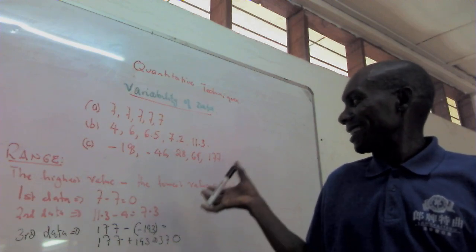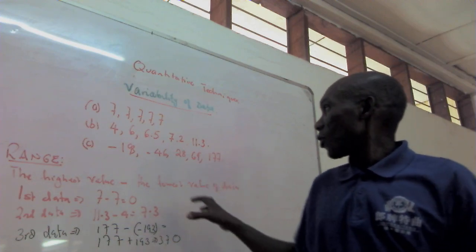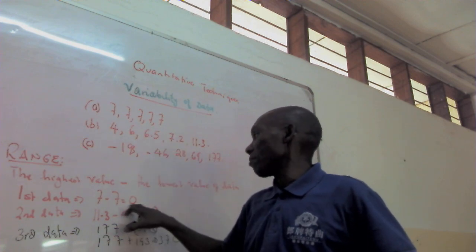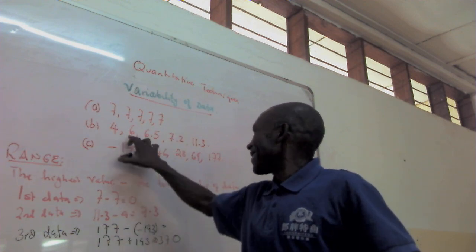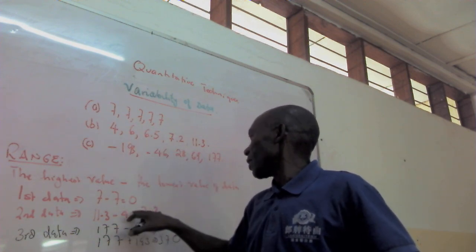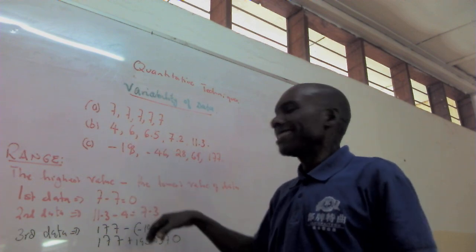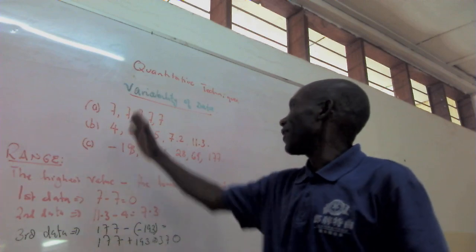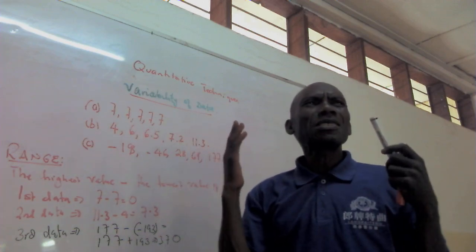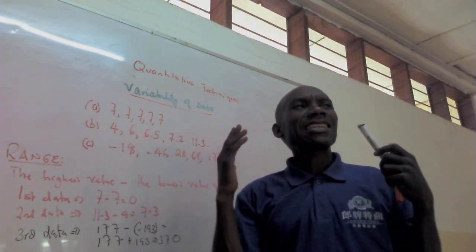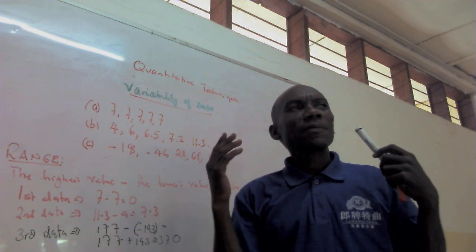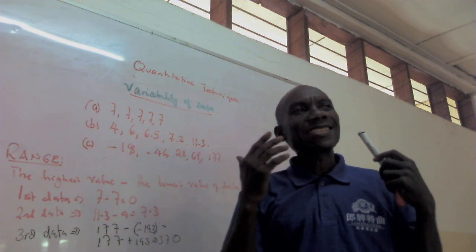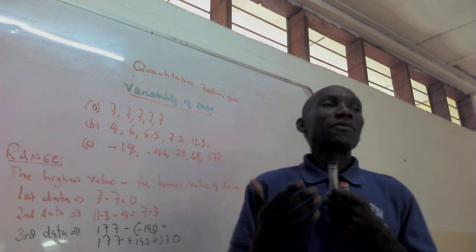Because this one is not spread, the range is 0, but because there is spreading in the others, the range is bigger. Range cannot define the characteristics of the data that you have.